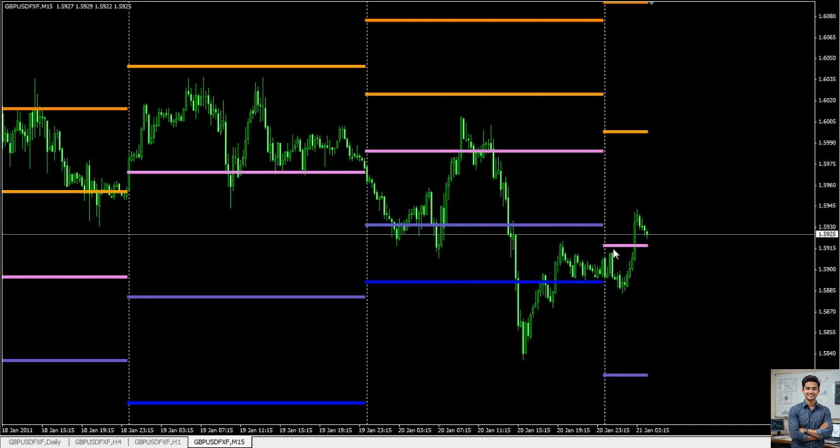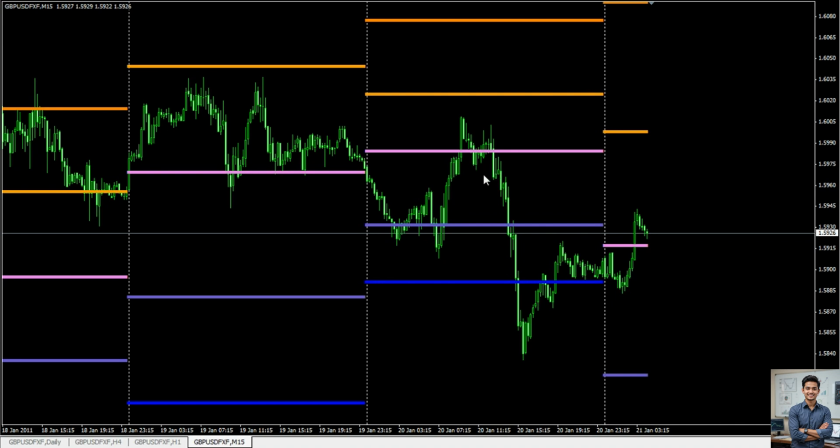This is a new trading day. Here is S2 from yesterday, S1, central pivot, R1, and R2 of previous day. Okay, this is the trade that I want to highlight.